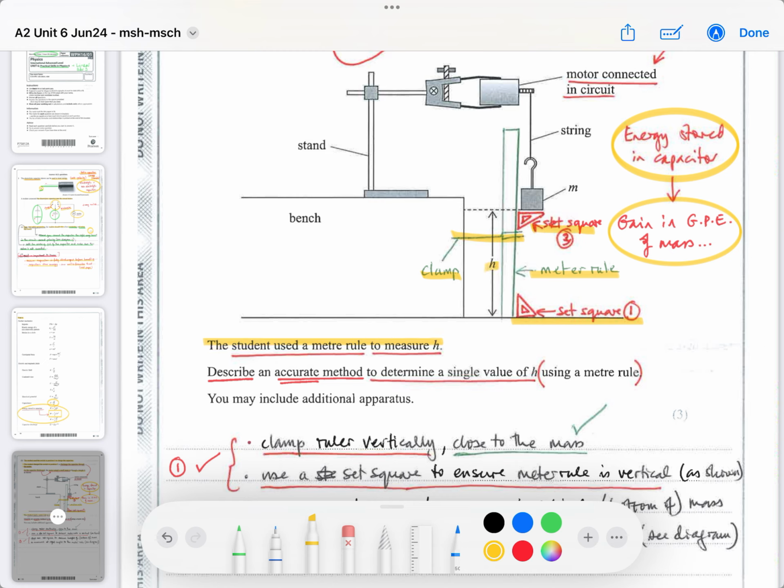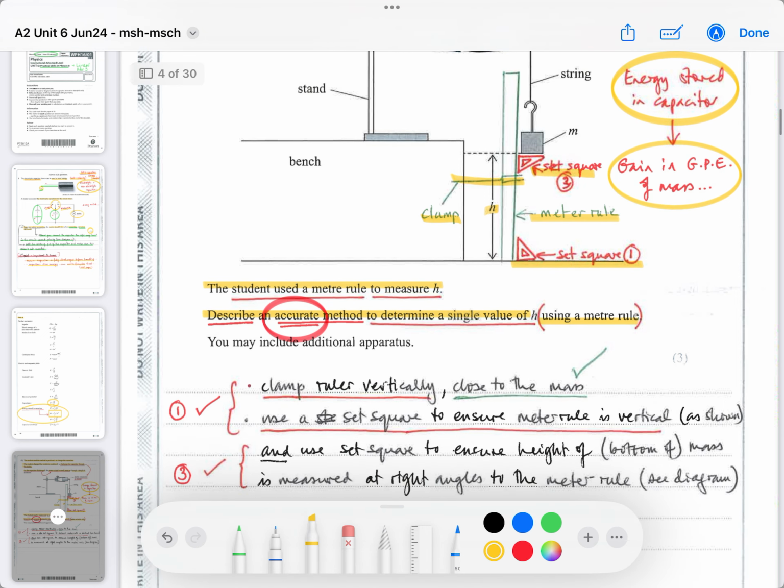Here's h. Describe an accurate method to determine a single value of h, using the meter rule. The key word, the operating term, being accurate. They want you to know how to do things accurately, which my diagram has already shown you.